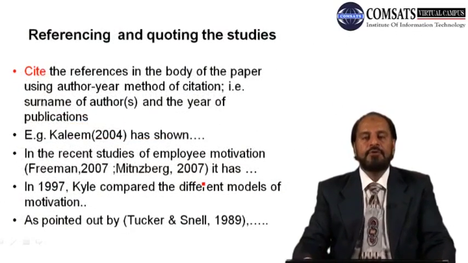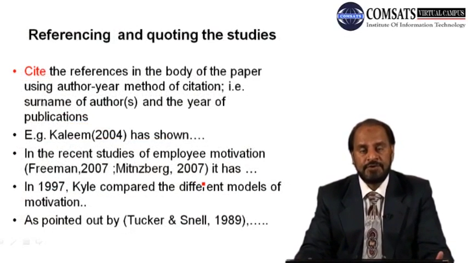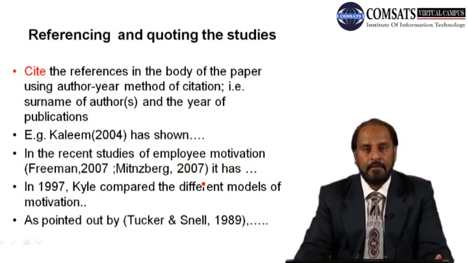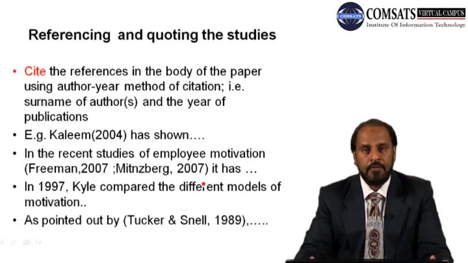So once you are able to develop your reference lists, which is usually the end of your research report, as I said, there are different modes for writing your reference lists. One tends to follow any one which is preferred by your research journal, or which has been preferred by your research community.